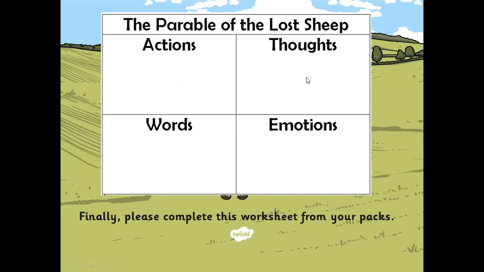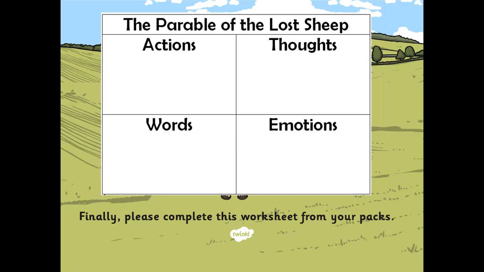And the sheep when he's found and he's stuck. And what words would have been spoken? Even though there weren't words in the video, what words would have been or might have been spoken by the characters in the story? And then finally, can you describe some of the emotions, some of the feelings of the characters in the story?